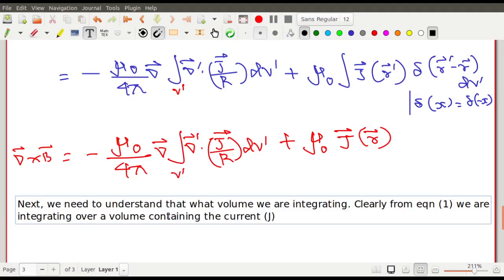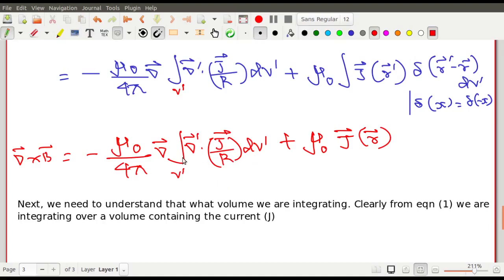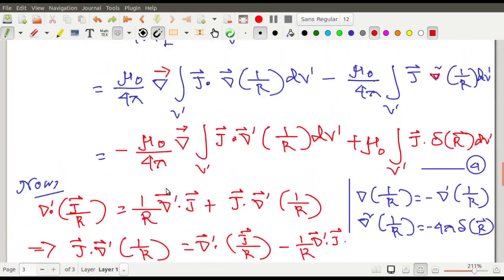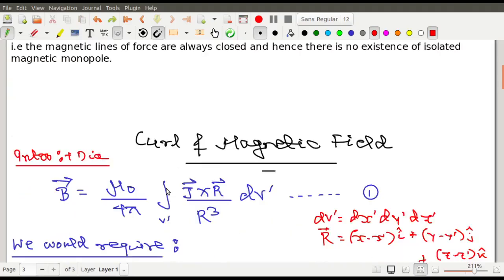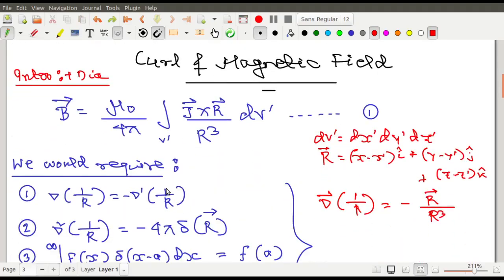So from equation 1 we are integrating over a volume containing the current, because where has this integration been developed from? This integration has been developed from this equation 1.